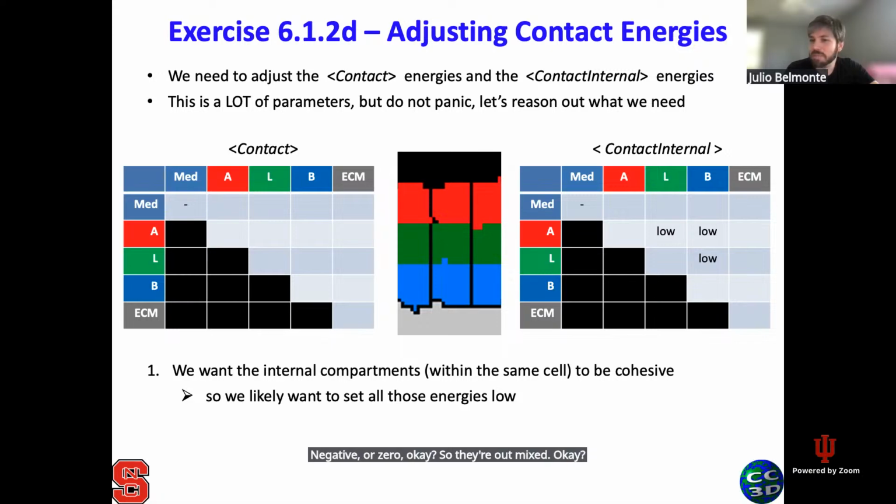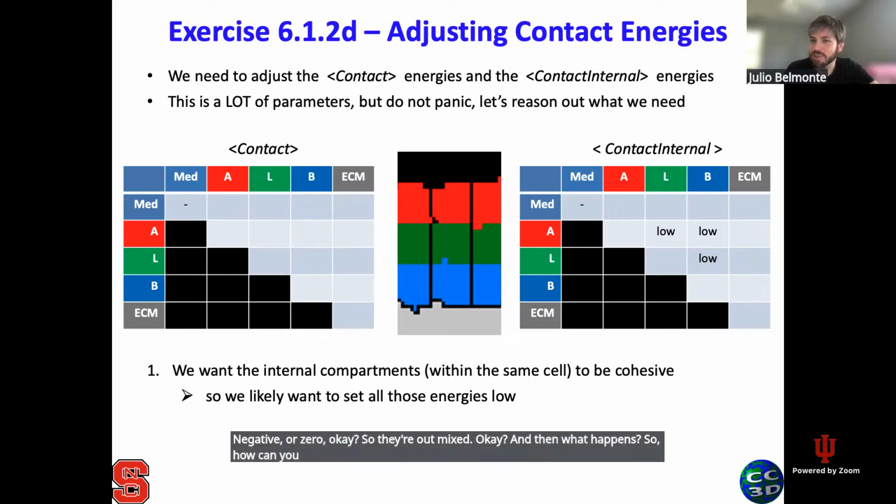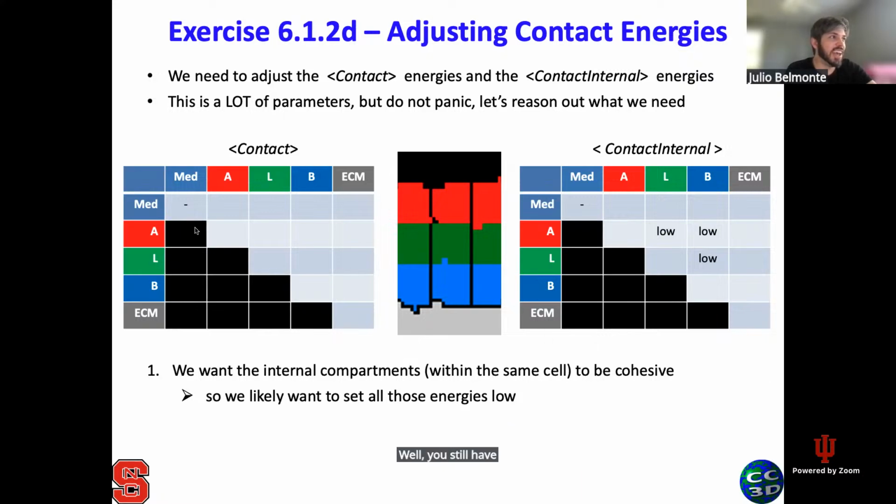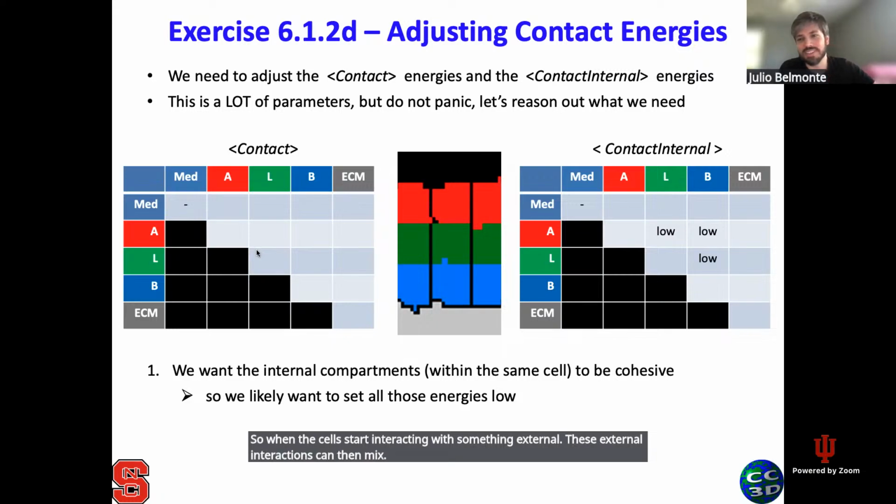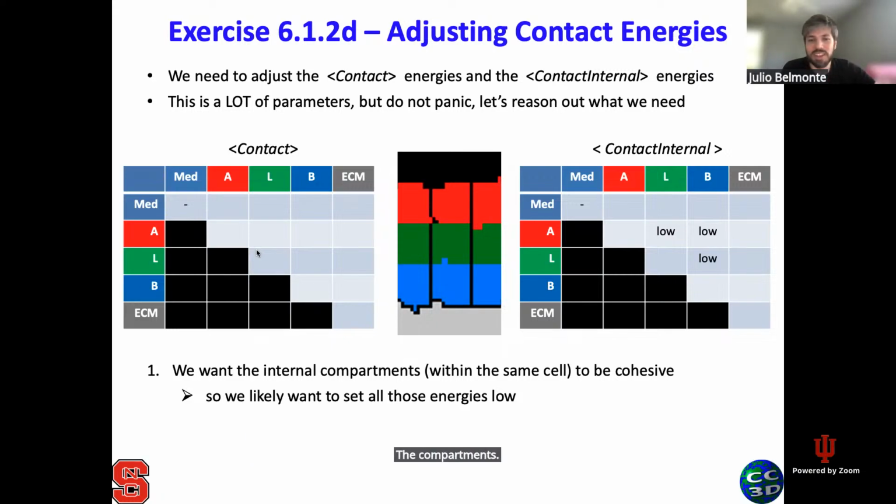And then what happens? How can you get anything if you have all your compartments mixed? Well, you still have the external contact energies. When the cells start interacting with something external, these external interactions can then demix the compartments. So you can have a cell that easily adjusts its polarity under the influence of the external environment or the other cells.